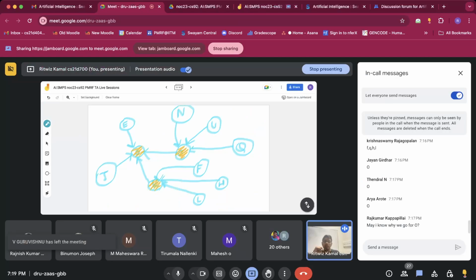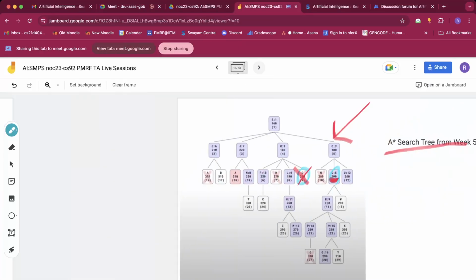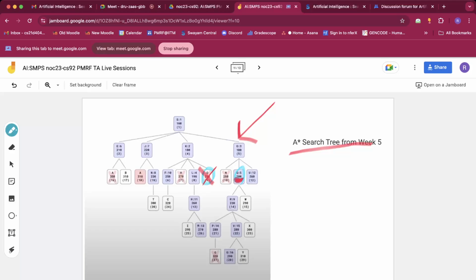Okay, why we went for O? We went for O because as per the A star search tree, after K, the most promising looking solution among all the nodes available to us, which were E, J, F, H, L, Q and O, was O with cost 180.